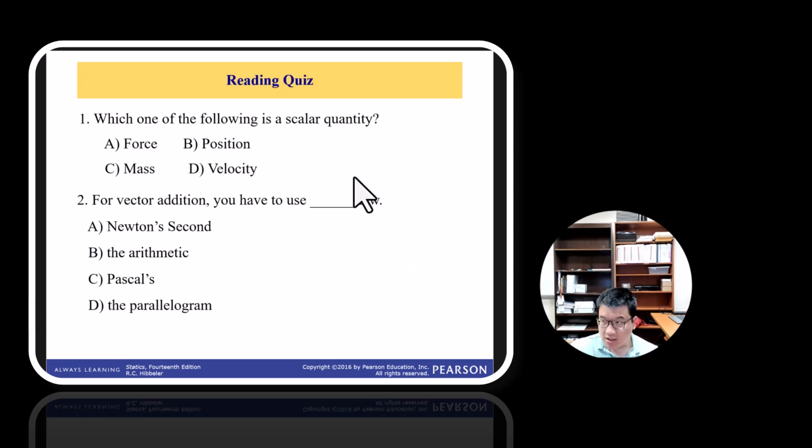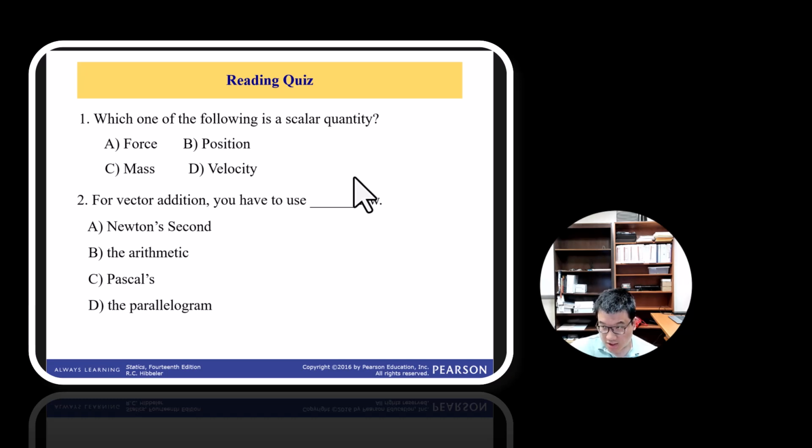Okay, here are some reading quizzes. The first question is, which one of the following is a scalar quantity? A is force, B is position, C is mass, D is velocity. Which one is a scalar, or in other words, which ones are vector quantities?